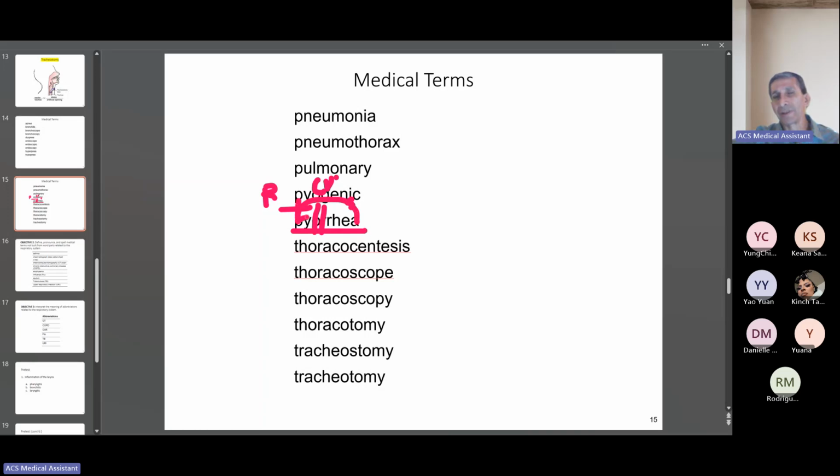Discharge of pus. So the patient is discharging pus. We see pus coming out from some areas of the body. And remember, pus is not a normal thing. So it shouldn't be happening. It's not normal. So for that reason, we have to study a little more and see what's going on.